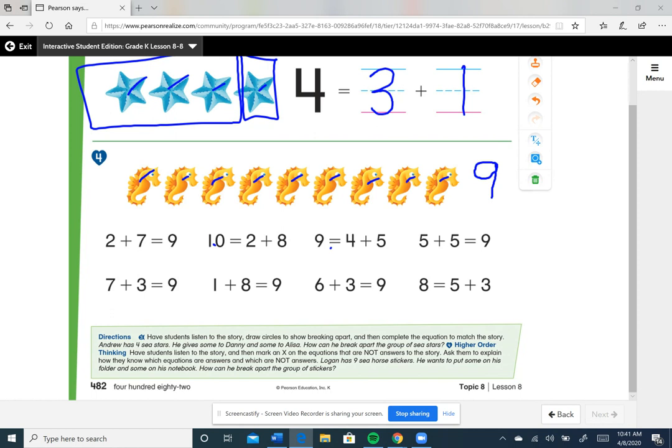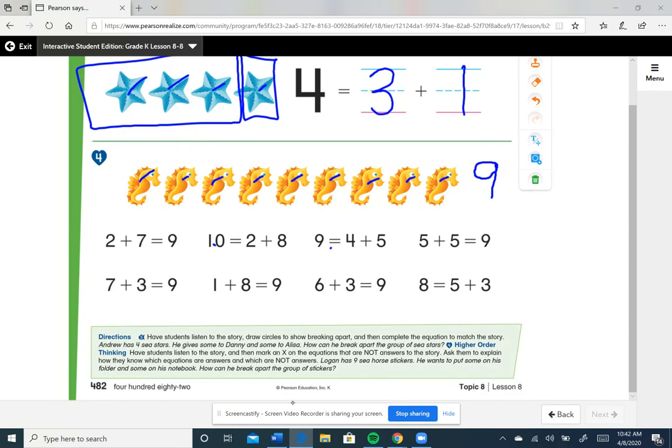So it says Logan wants to split up his seahorses and give them to his 2 friends. You need to circle all the possibilities to split them up down here. All right? And you need to cross out the ones that don't make sense, because here's your hint, kindergarten. They're going to try to trick you.